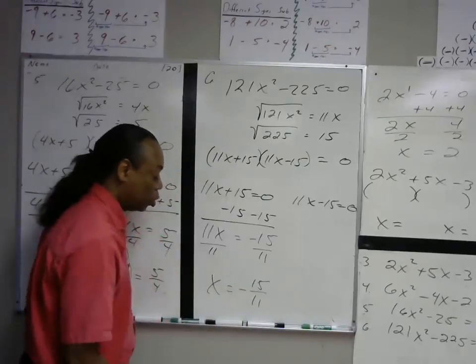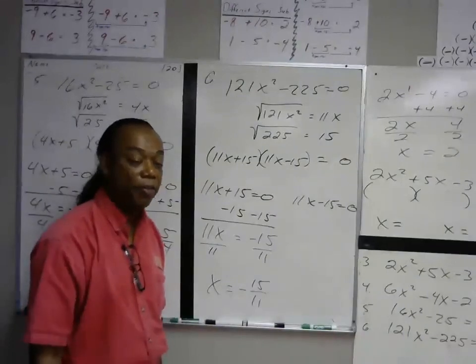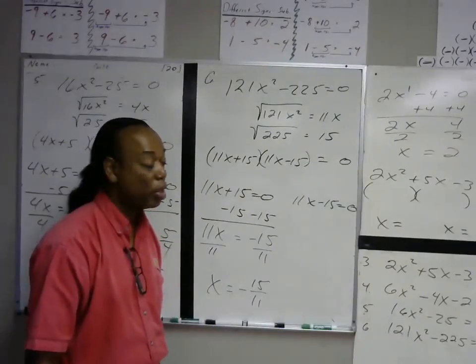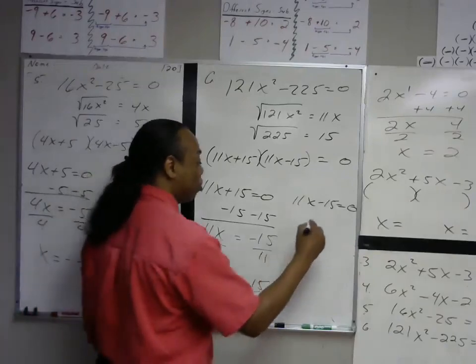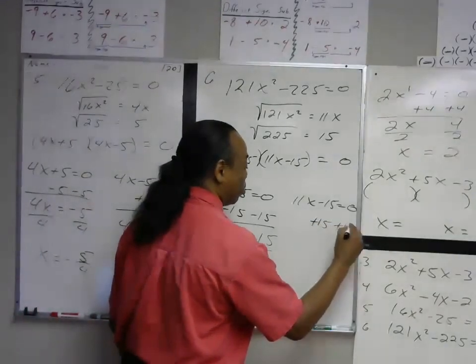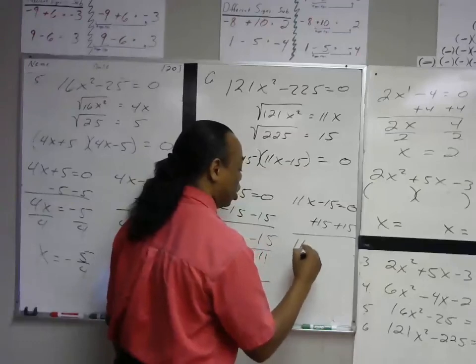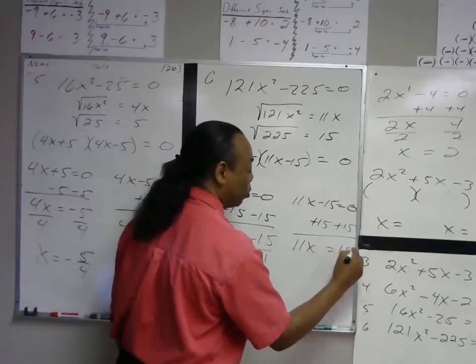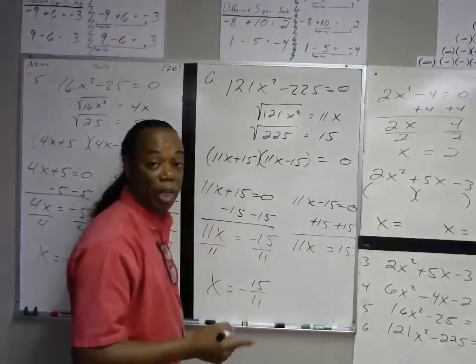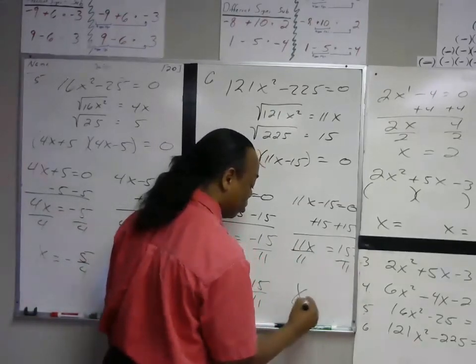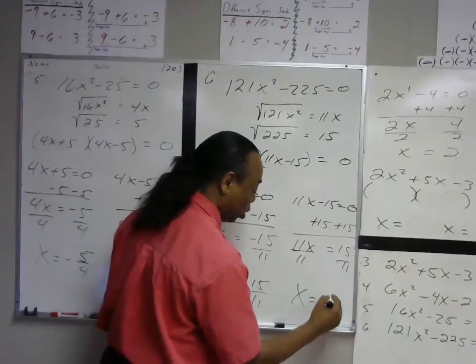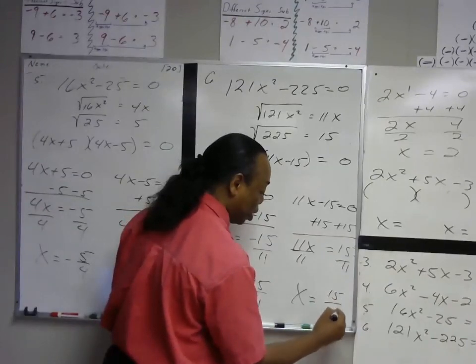And I'll get one solution of x equals negative 15 over 11. If I solve the other side, I'm going to add 15 to both sides. We get 11x equals 15. Then I'll divide both sides by 11. And I'll get a solution of x equals positive 15/11.